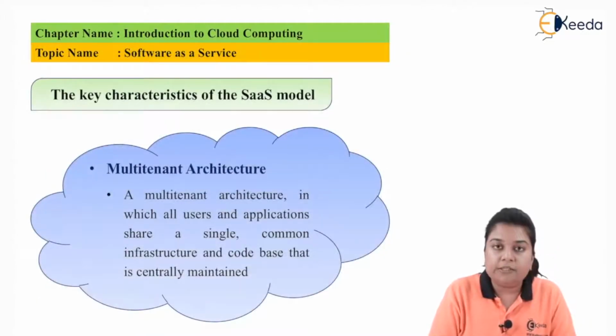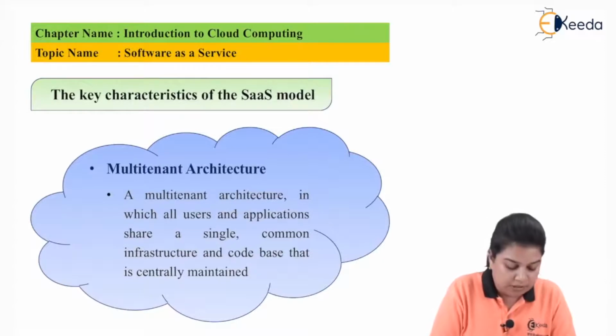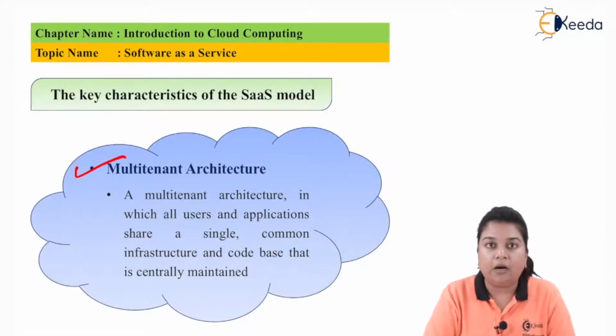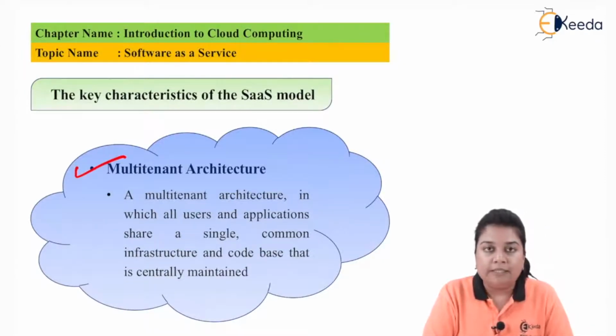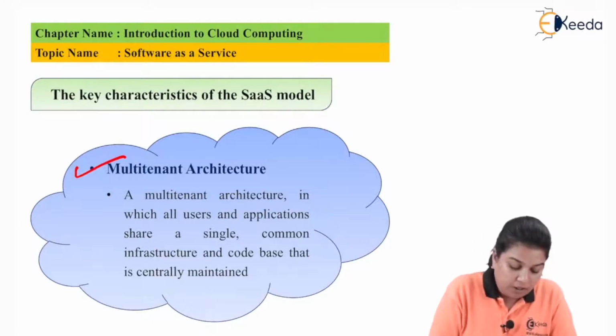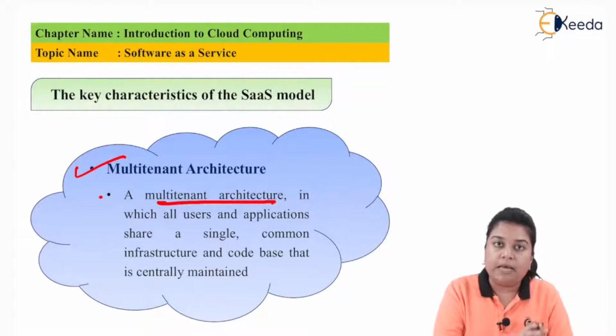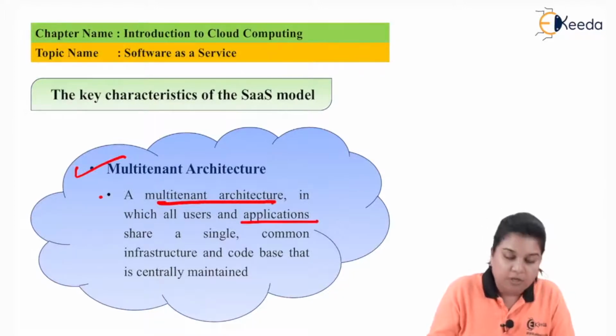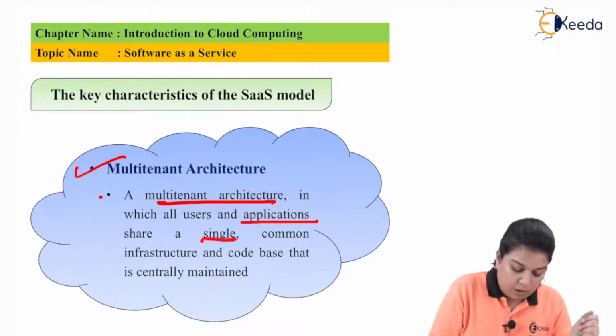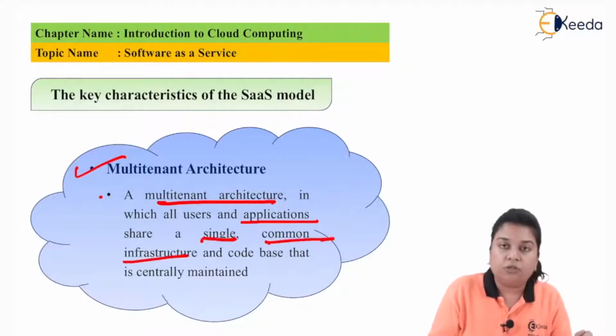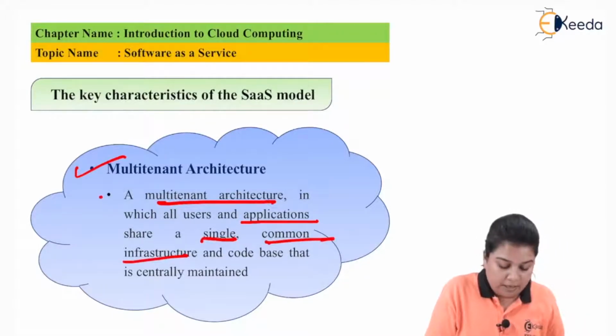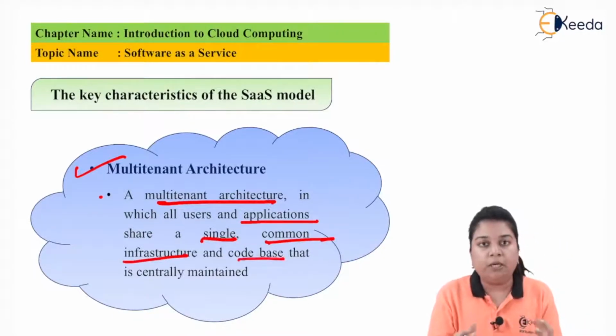The key characteristics of the software as a service models are: first is multi-tenant architecture. What is multi-tenancy or multi-tenant architecture? A multi-tenant architecture is one in which all users and applications share a single common infrastructure and code base that is centrally maintained.